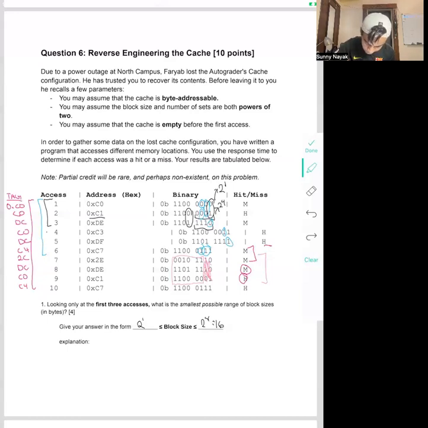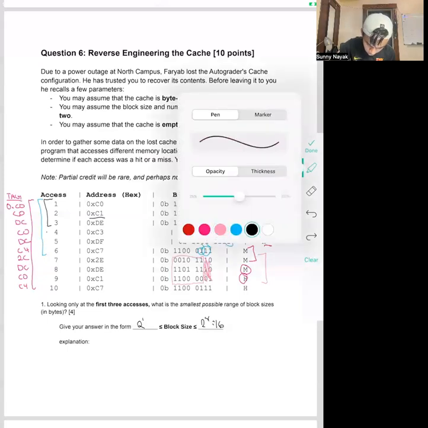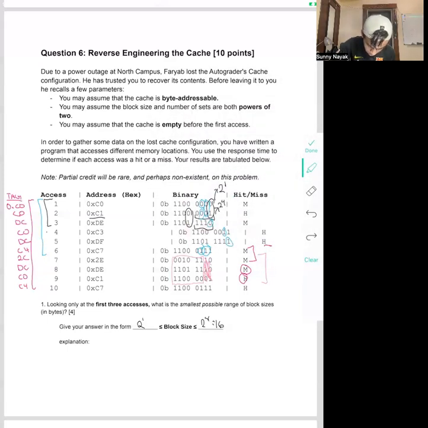I'm going to switch colors to black. If I compare their set index bits, or just a couple of potential ones, I have 2 options. We talked about in part 3 how one of them couldn't possibly be the case, because then cache access 10 would have been evicted. So what if our set index was 2 bits?